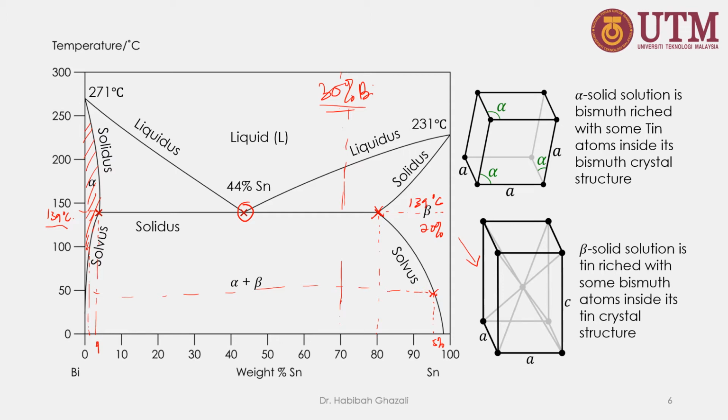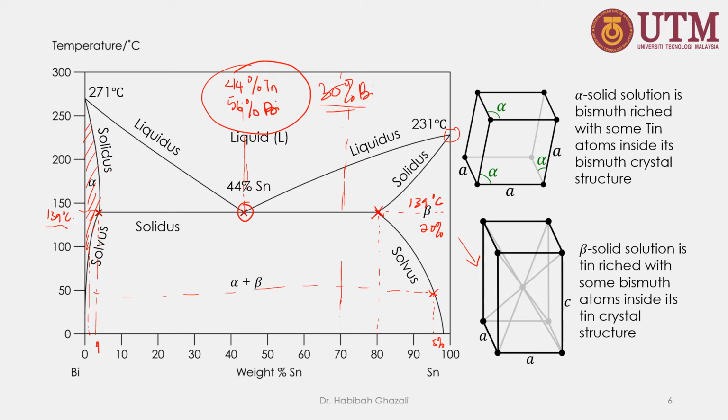At this point, when we have an alloy, a liquid that consists of 44% of tin and 56% of bismuth, this liquid will react like a pure metal.